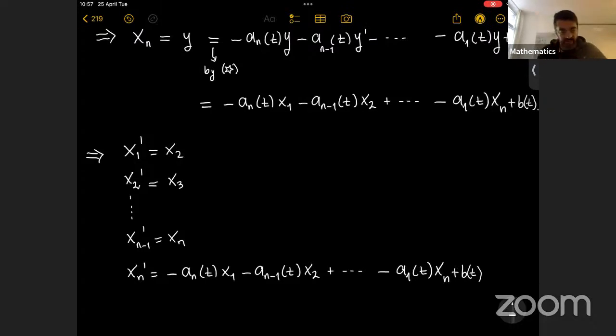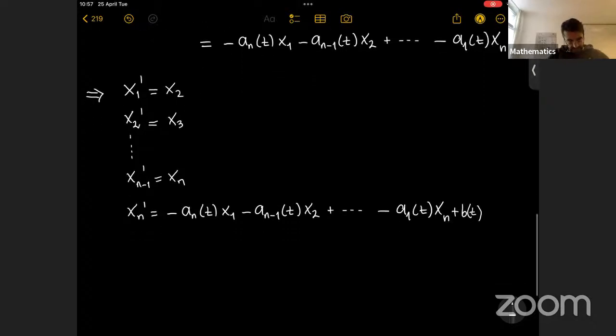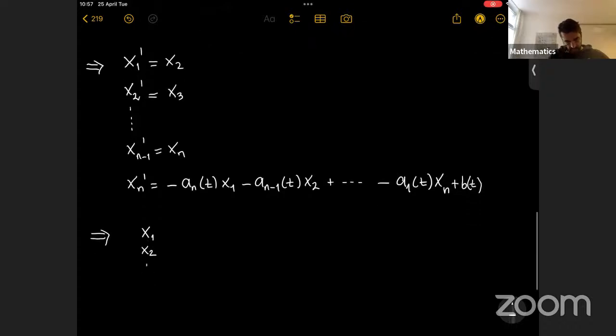And this is a system, a linear system. You can represent this in a better way in the following form: x1, x2, xn. You take the derivative of this. It's equal to, you will have a matrix on the right-hand side, and this matrix is easy to write down.